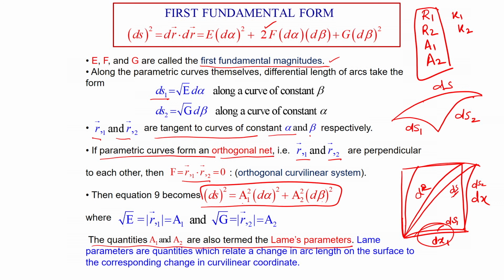The Lamé parameters are found through the first fundamental form of surfaces, and our curvilinear parameters may or may not be orthogonal. Generally for structural applications we use the orthogonal curvilinear system where F can be 0.